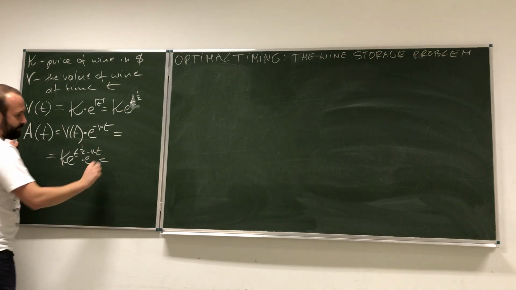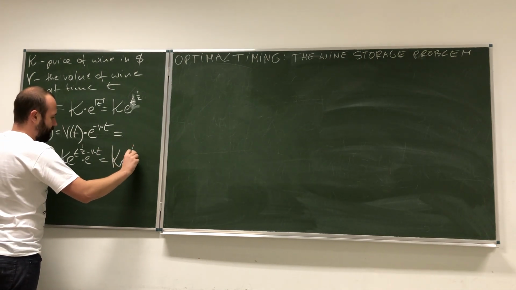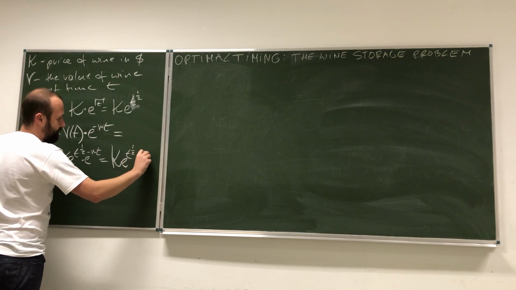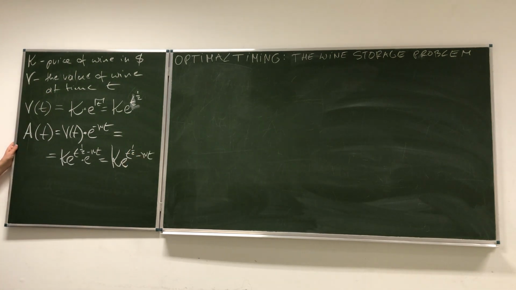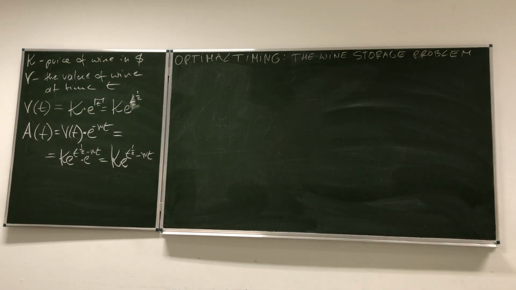Or after simplification, this is just k e to the power t^(1/2) minus rt. Okay, and look, now we've taken into consideration the opportunity cost. So now we can try to find optimal timing.